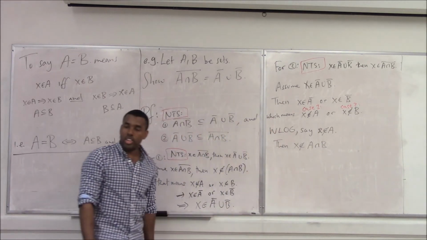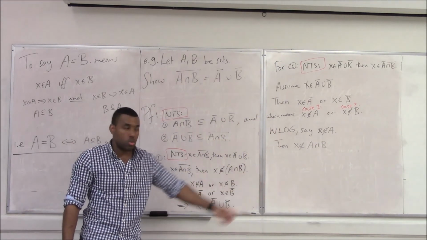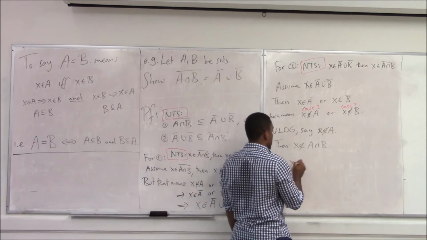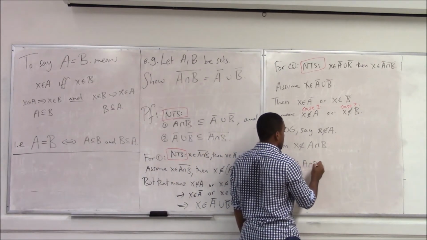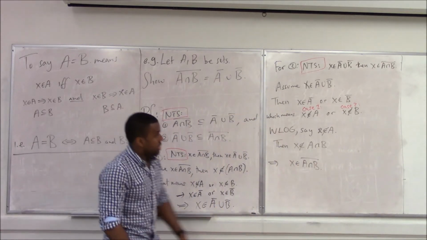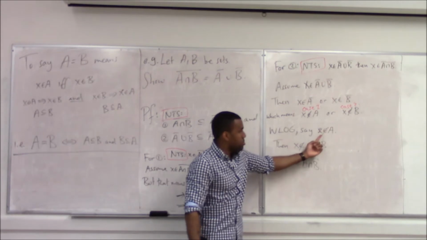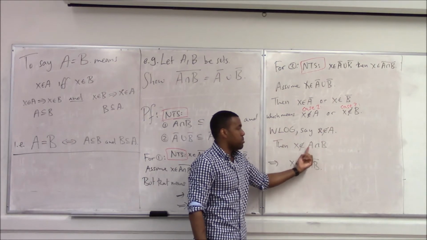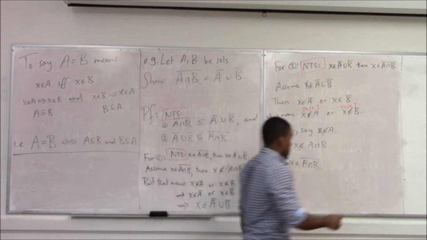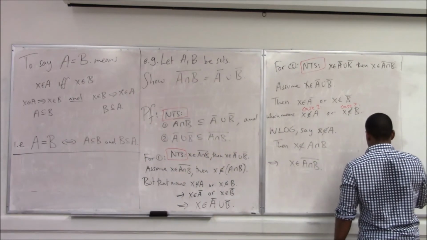Because to be in the intersection, you have to be in A as well as somewhere else. But that means that your x is in the complement of this guy. And similarly, if you said, suppose it's not in B, then it cannot be in B intersect A, which means it's in the complement. We'll end up here either way. So that's that.